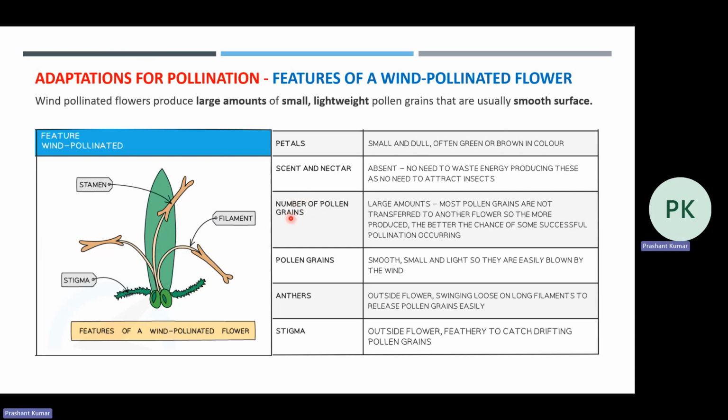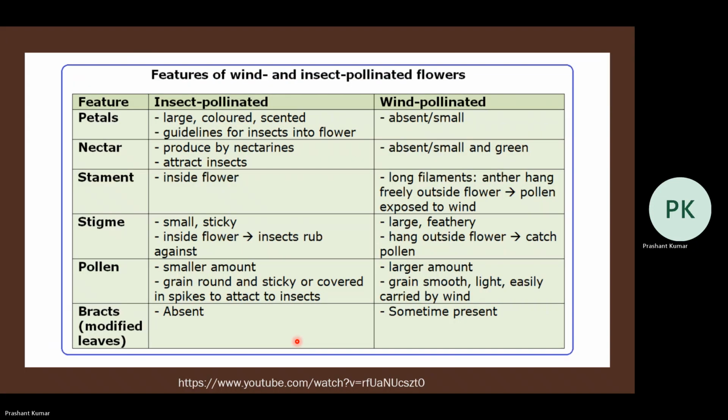Yes, the number of pollen grains will be higher because they are going to float in air, so more pollen grains are used up. The anther is always present outside so that the pollen grains can be carried away. The stigma is outside the flower and feathery, to catch the pollen grains from the air.